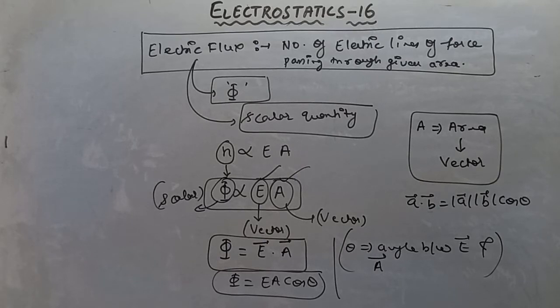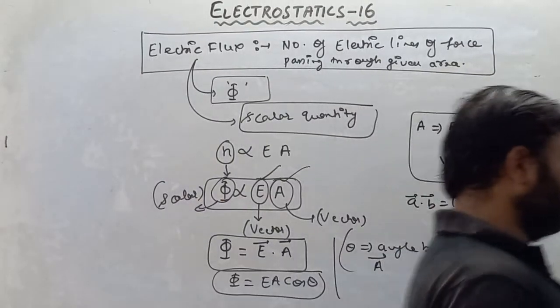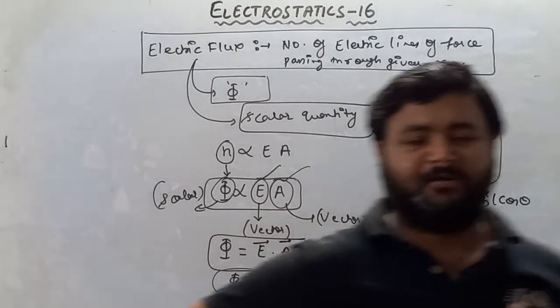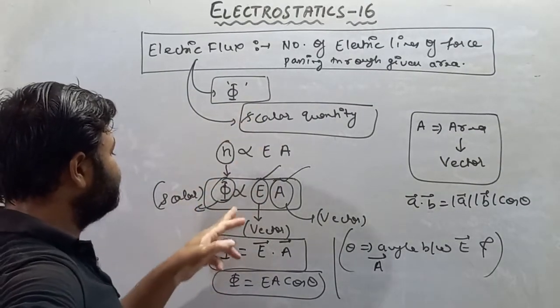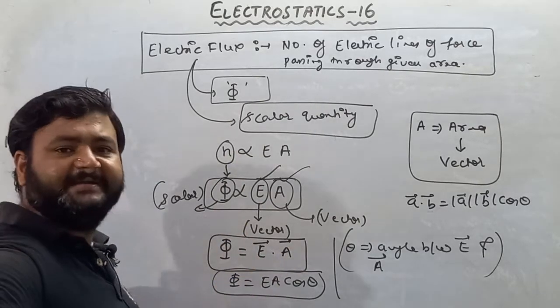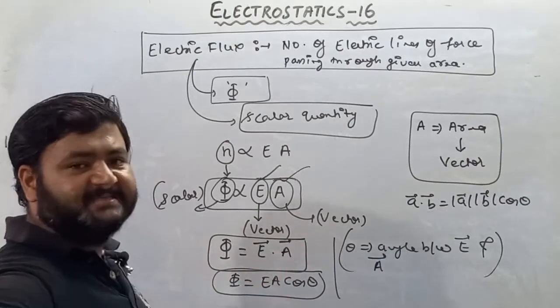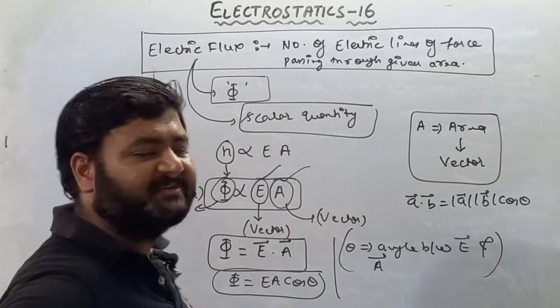First thing. Second thing, flux is just a number. If we consider flux to be a number, then we know that a number is a scalar quantity. It cannot carry any direction. So we'll introduce flux is equal to E vector dot A vector, where E is electric field and A is area vector.